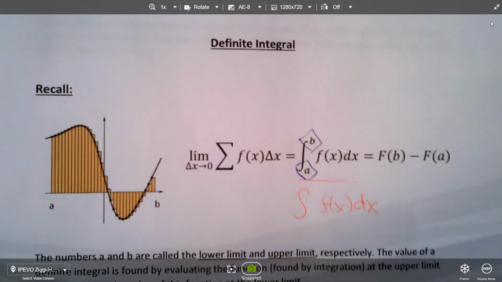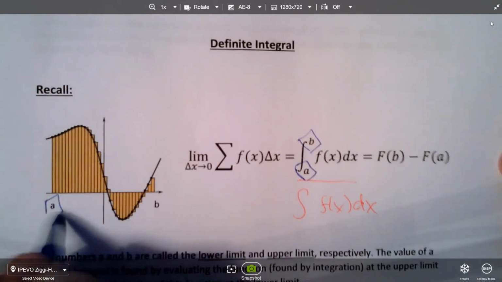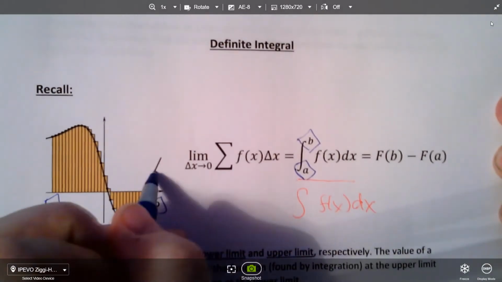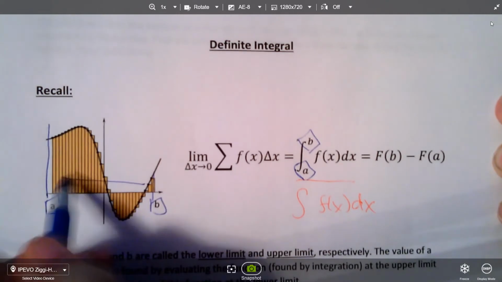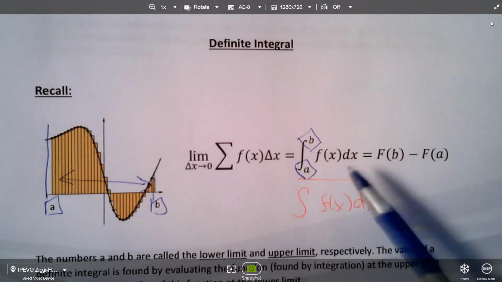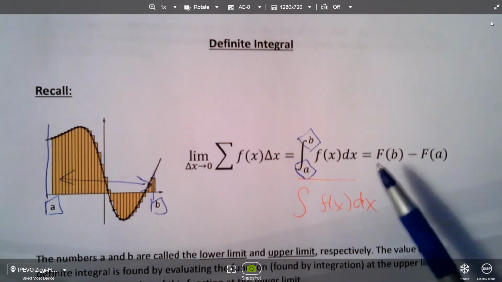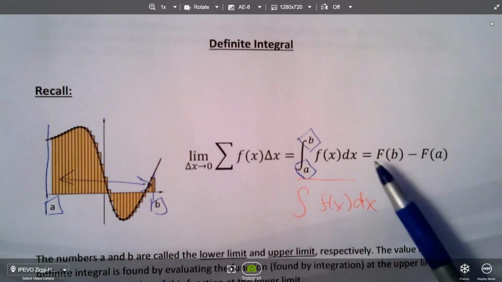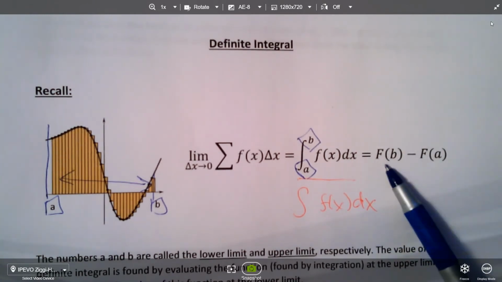These two numbers here tell you between where you want that area found. Where do you want me to add the area together to get the answer? So those are definite. Now, to actually do it, again, there's not a lot extra that needs to be done. Essentially, you're going to find the integral, the same way you did it before. Again, there are no new methods.